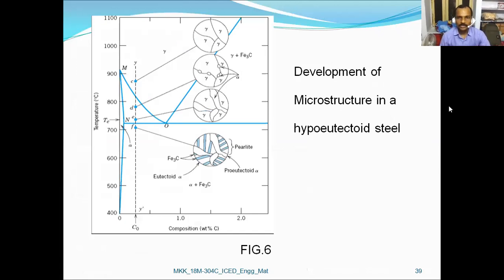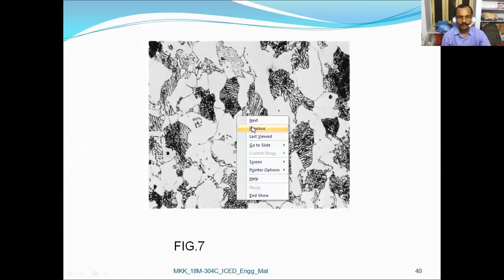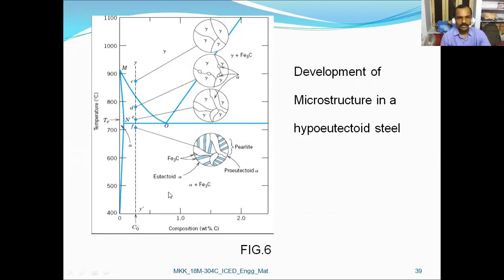So the development of microstructure in hypoeutectoid steels. Let us see here. This is alpha plus Fe3C, this is a perlite structure. And this is Fe3C and this is alpha eutectoid.